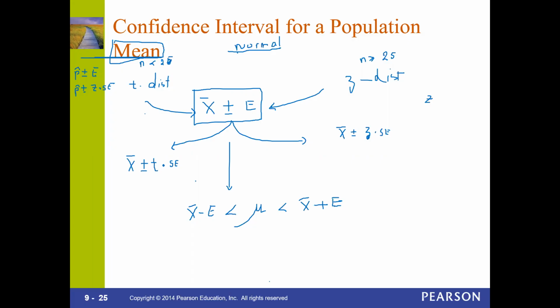So I was saying, I can add on to this one. As you can see here, this is normal, so we can add to that formula here. On the left side, we can say sigma is unknown, and for the right side, you can say sigma is known.